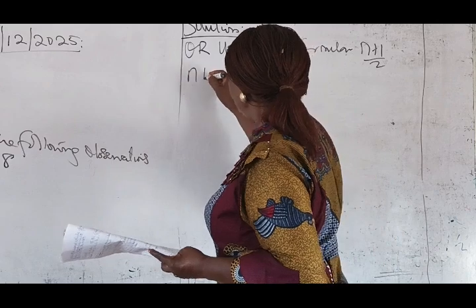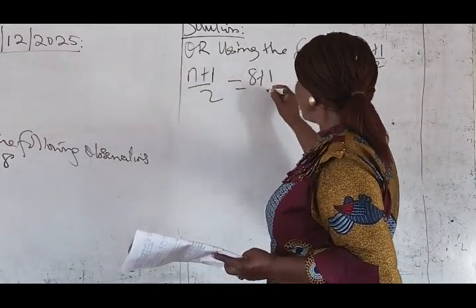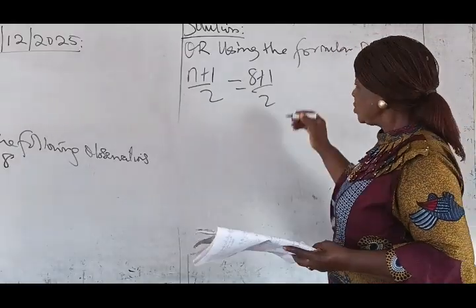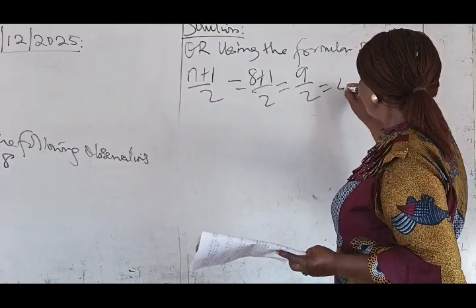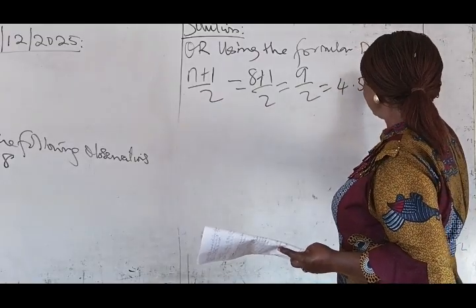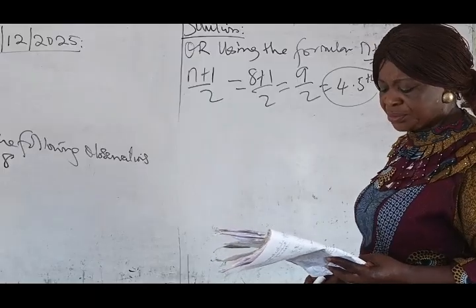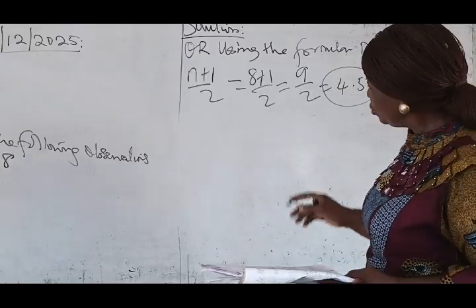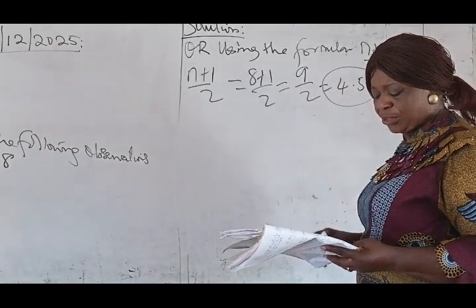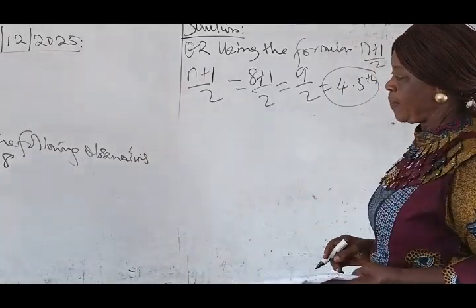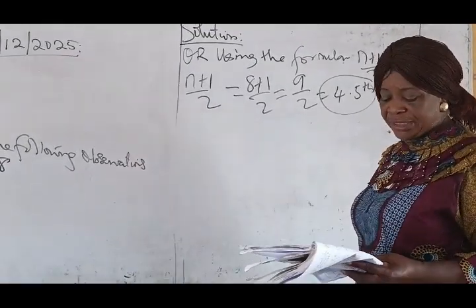So n plus 1 over 2 is the same thing as 8 plus 1 over 2, which is 9 over 2. When we divide, we have 4.5. That's the 4.5 position. So our median should be the number that falls between the 4th and 5th position in this distribution. That is how we are going to locate our median.